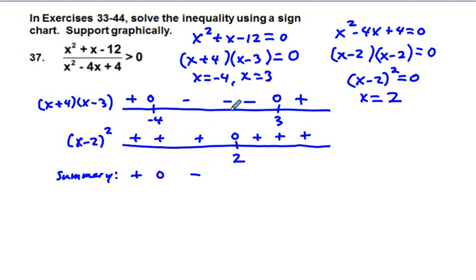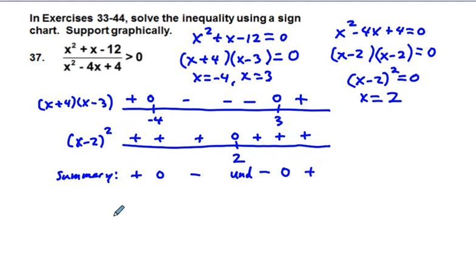We have positive divided by 0, or negative divided by 0, or undefined at x equals 2. And then we have negative between 2 and 3. And at 3 we have 0, because 0 divided by positive is 0. And greater than 3 we have positive divided by positive.